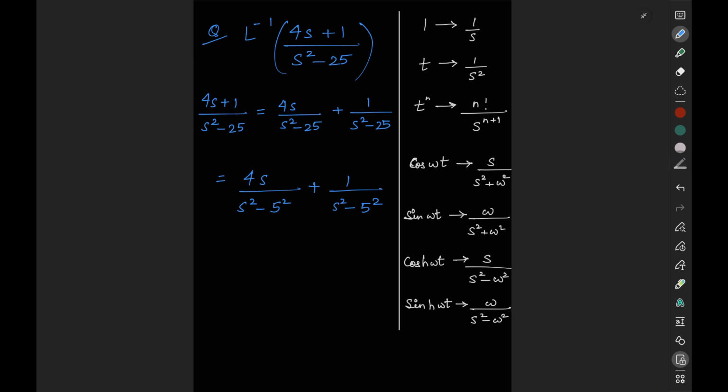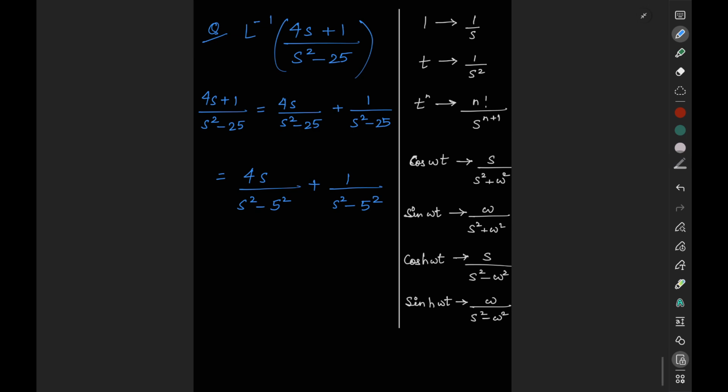Now you can see we have reduced the first term to the Laplace of cos hyperbolic omega t, where omega is 5. So the inverse Laplace of this term will become cos hyperbolic 5t. And for the next term, we have nothing in the numerator, but in the denominator we have s square minus 5 square.